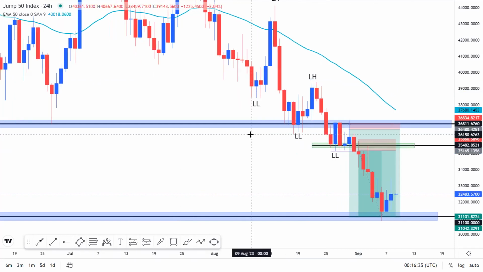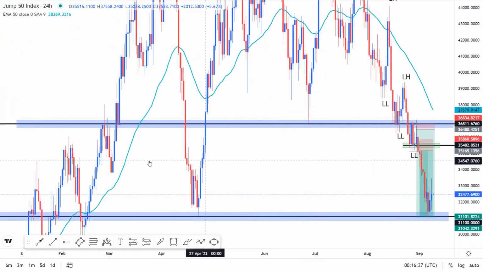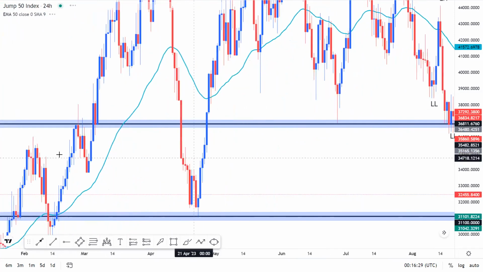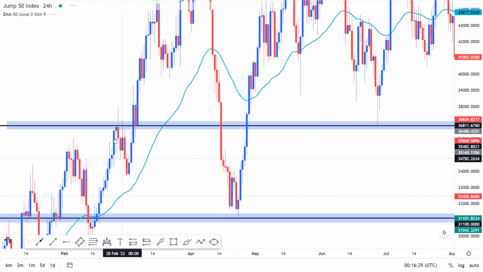Owing to the fact that looking to the left, when we tested the level from the downside, the level held up, acting as a resistance. And as soon as we traded into the level, we had a huge sell-off from the level.